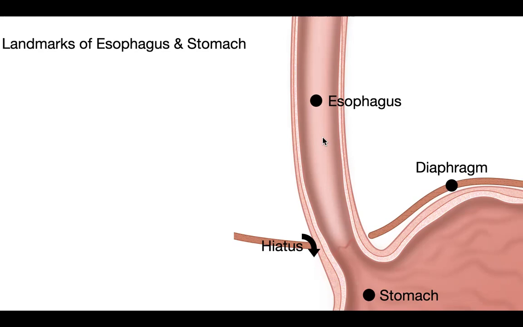The junction between the squamous lining of the esophagus and the columnar lining of the stomach is called the squamo-columnar junction. And another measurement that he calls out is the top of the gastric folds, where they end and where the tubular esophagus starts. That is the gastroesophageal junction. So these measurements are important to keep in mind when we talk about different conditions involving the esophagus.